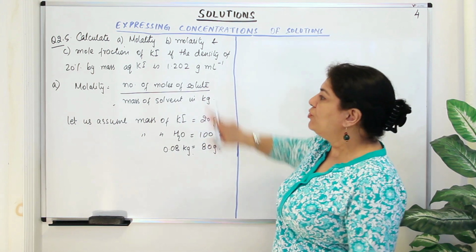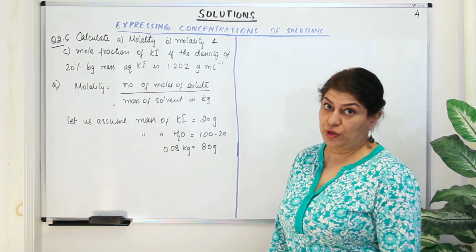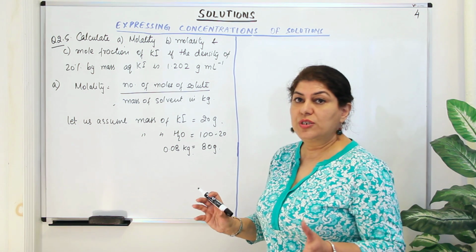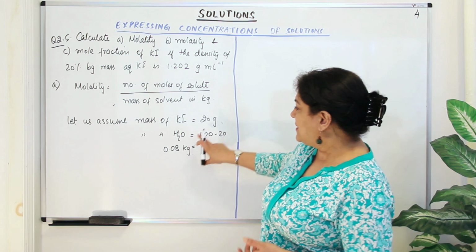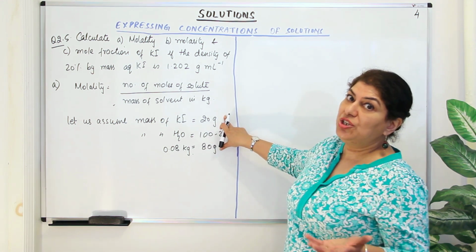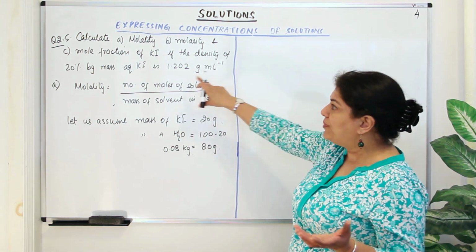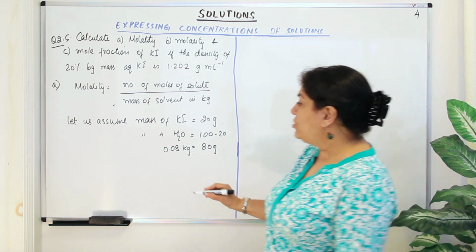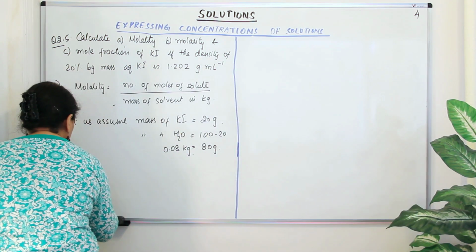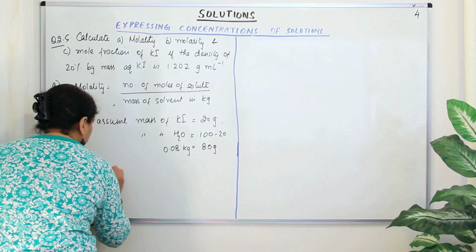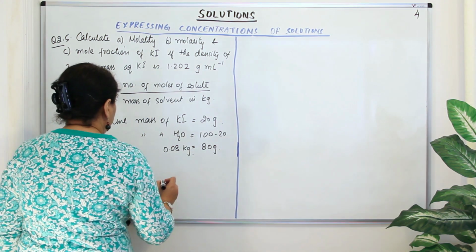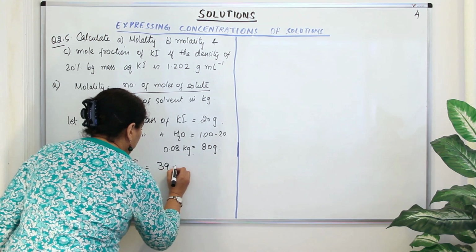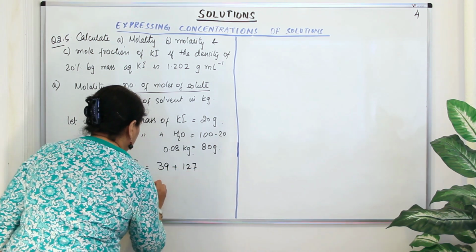Now we have to find out the numerator, the number of moles of solute. What is number of moles? Number of moles is the mass upon molar mass. The mass given to us is 20 grams, so we need to calculate the molar mass of potassium iodide. Molar mass of KI is 39 plus 127.